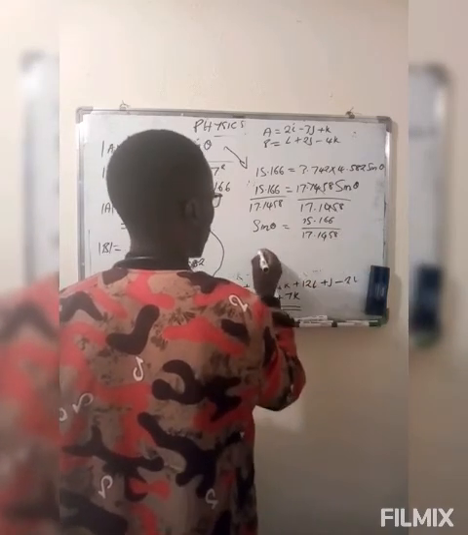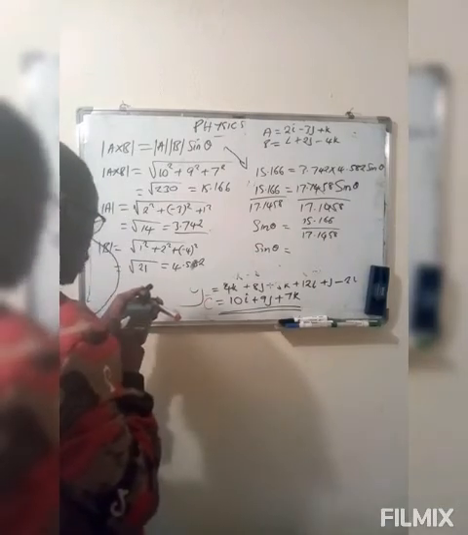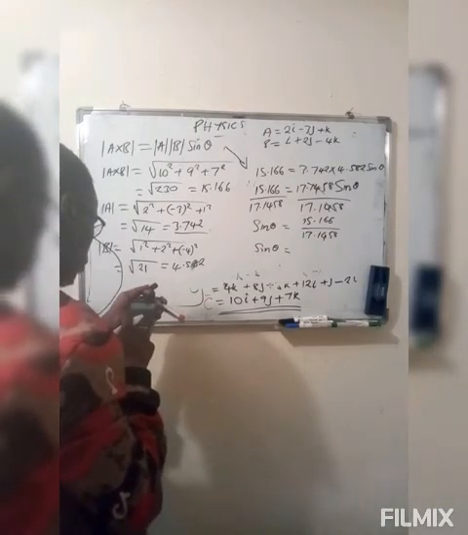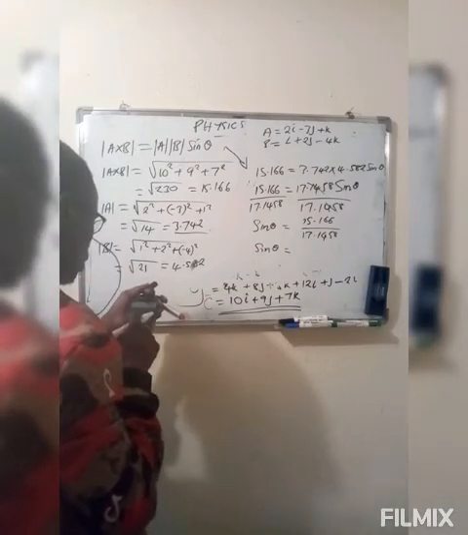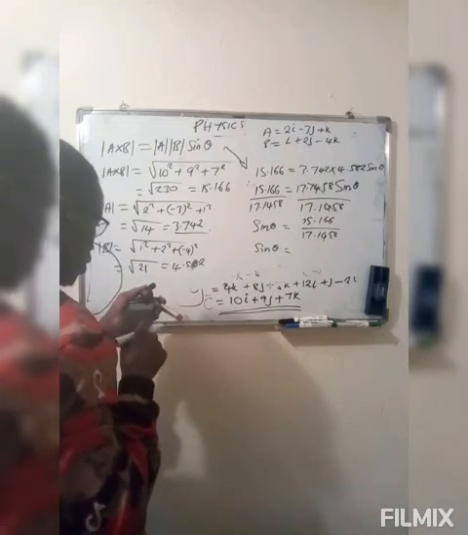So 15.166 divided by my answer there. Sine theta is equal to 0.8845, if we round it off to 4 decimal places.